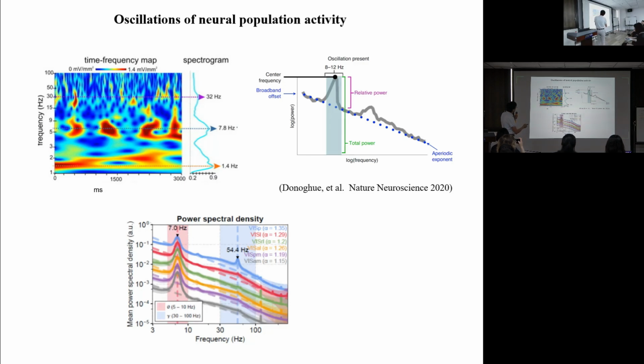This is a typical time-frequency plot of neural population activity. These are different frequency bands: slow oscillation, this is around theta oscillation, gamma here. One feature you should notice is that those oscillations tend to occur as bursts, okay?